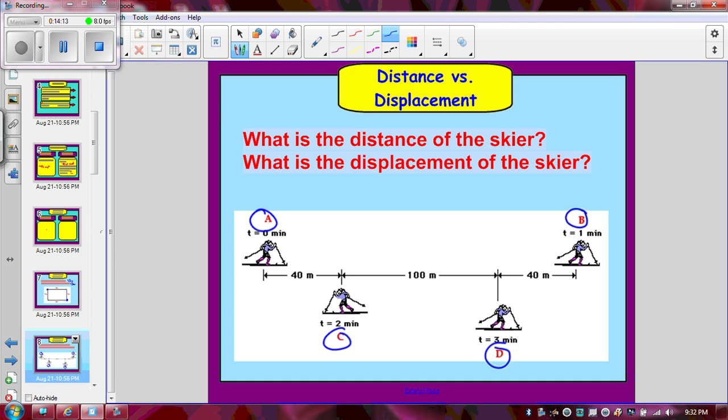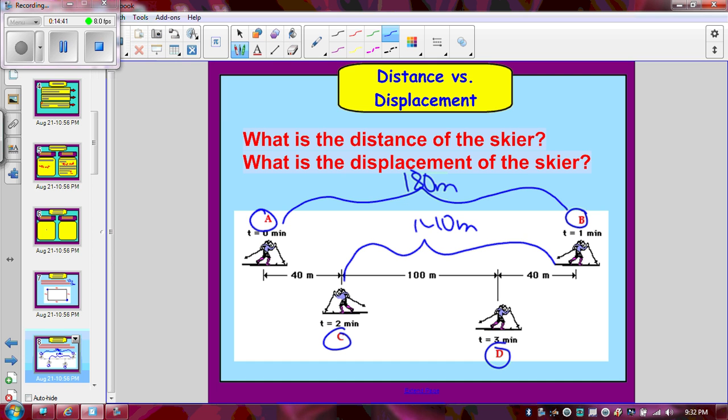The distance, remember, is the amount of ground covered by the skier. So let's take this bit by bit. First of all, the skier goes from spot A to spot B. Notice that this is 40 plus 100 plus 40, or in other words, 180 meters, simply by going from spot A to spot B. Then the skier goes from spot B to spot C, which is 100 plus 40, or 140 meters, simply by going from B to C. And finally, the skier goes from spot C to spot D, which is 100 meters.